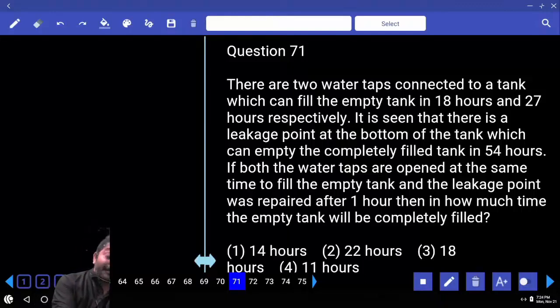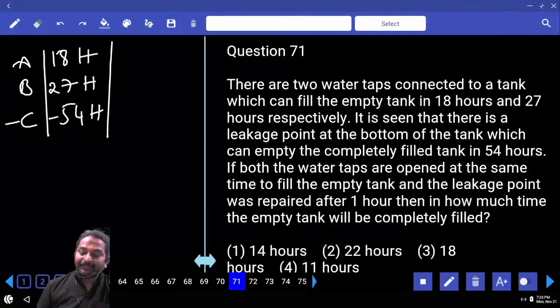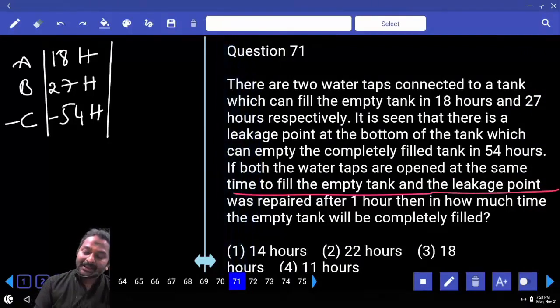There are 2 taps A, B which are fill pipes, can fill it in 18 hours and then 27 hours. C is an empty pipe which is doing negative work and can empty the total tank in 54 hours. If both water taps are opened at the same time to fill the empty tank and the leakage point was repaired after 1 hour.